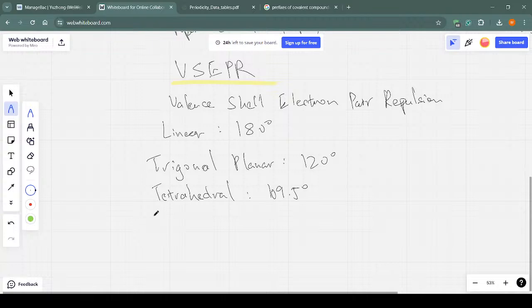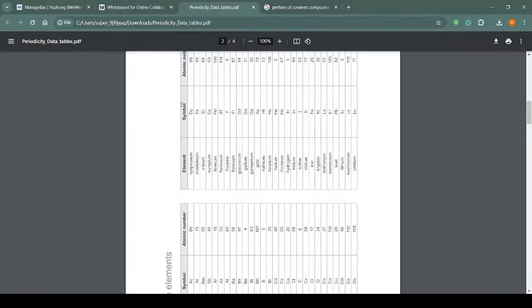Then trigonal bipyramidal. Linear is like this. Trigonal planar is like this. Tetrahedral is like this. Trigonal bipyramidal.